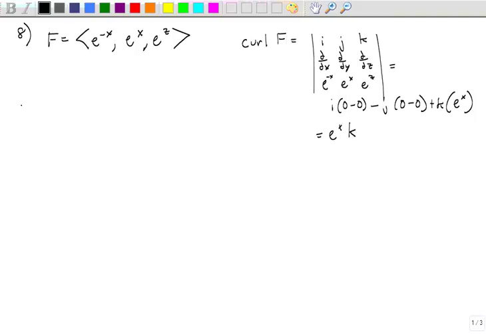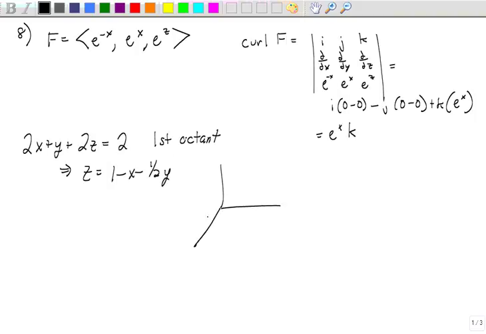And we have the plane 2x plus y plus 2z equals 2 in the first octant. That gives us z equals 1 minus x minus a half y.